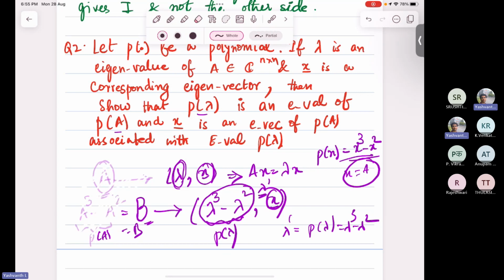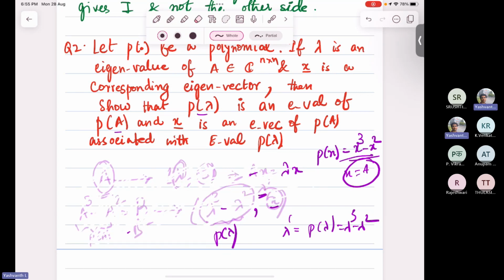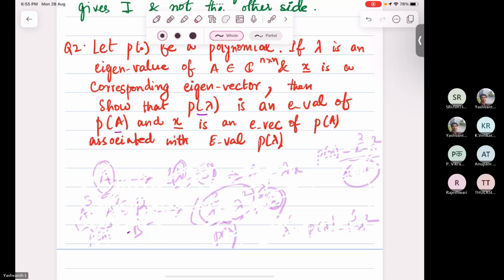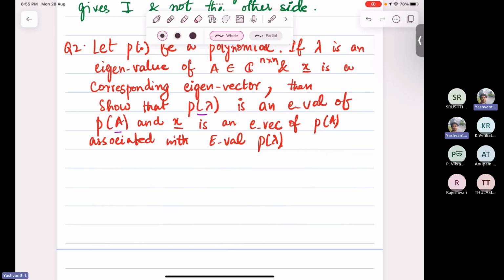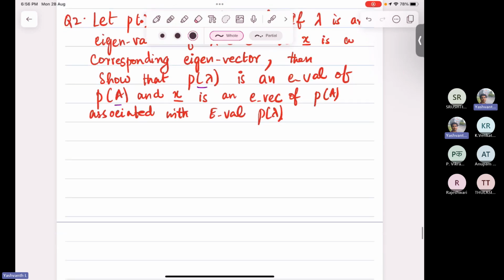Once I show the solution for this question, I will give you some examples. I already gave an example, but we will see more concrete examples.